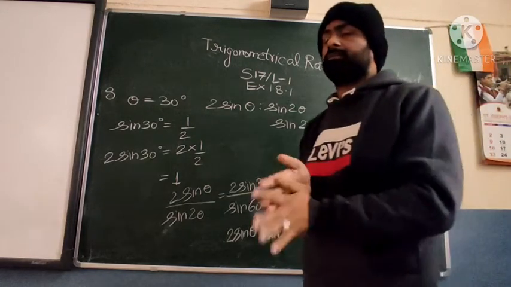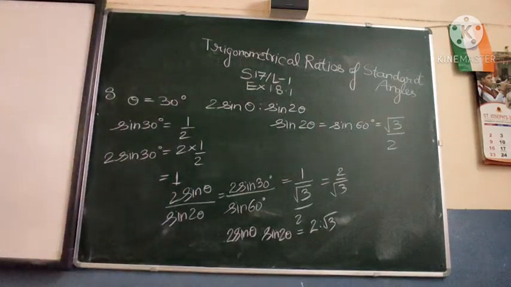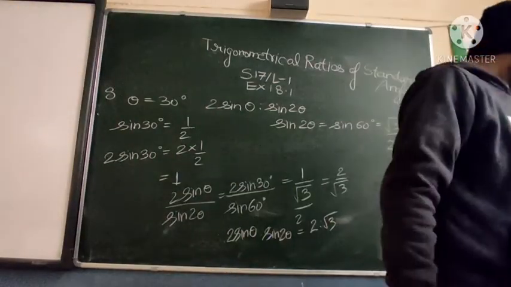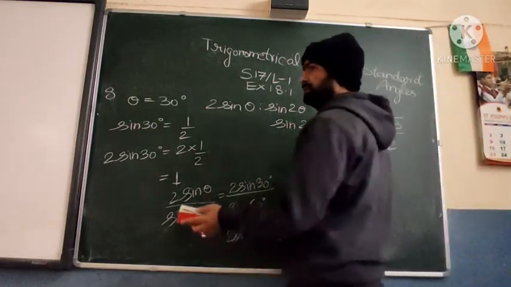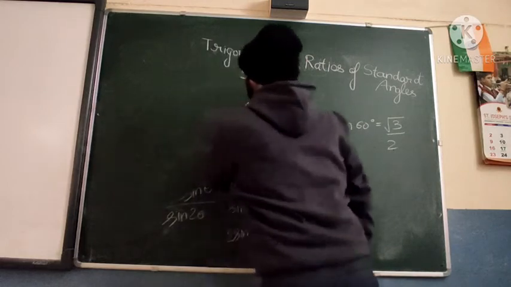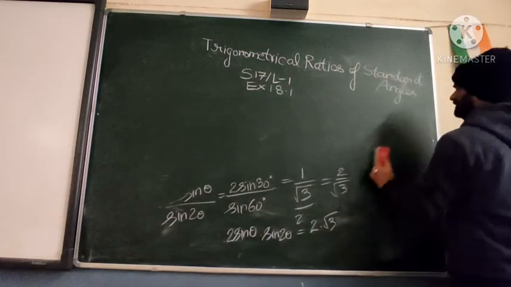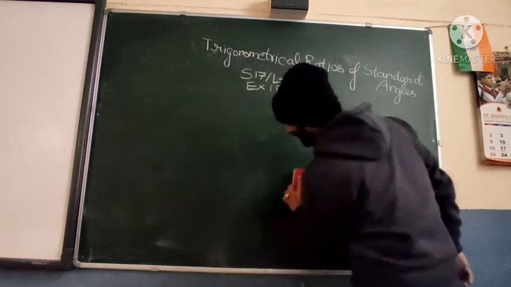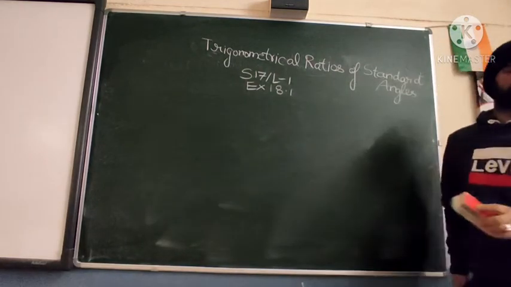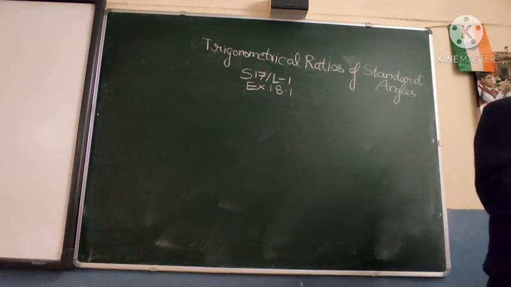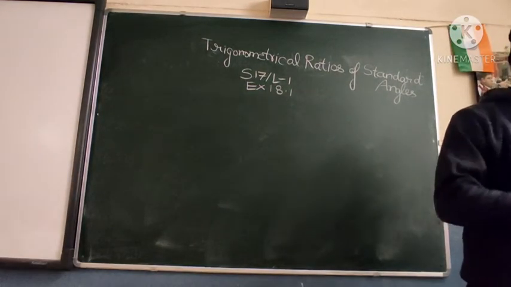11th question, third part. Trigonometry is really scoring. You must always keep this in mind. The 11th third part is saying, if 3 sine square theta is equal to 2 whole 1 by 4.